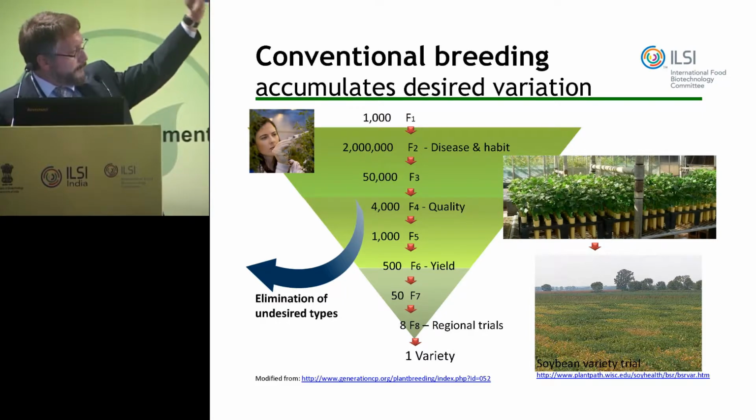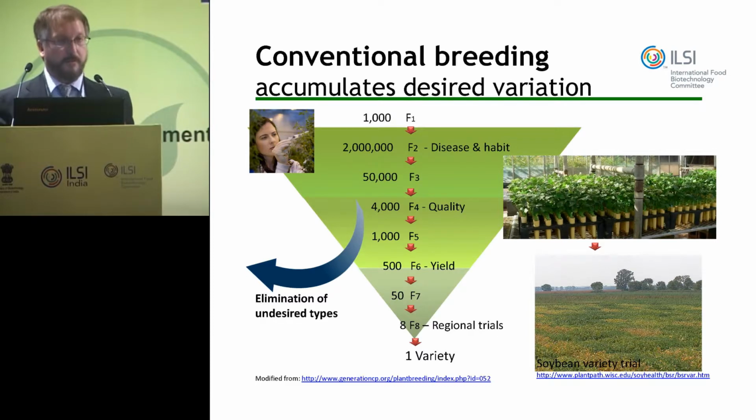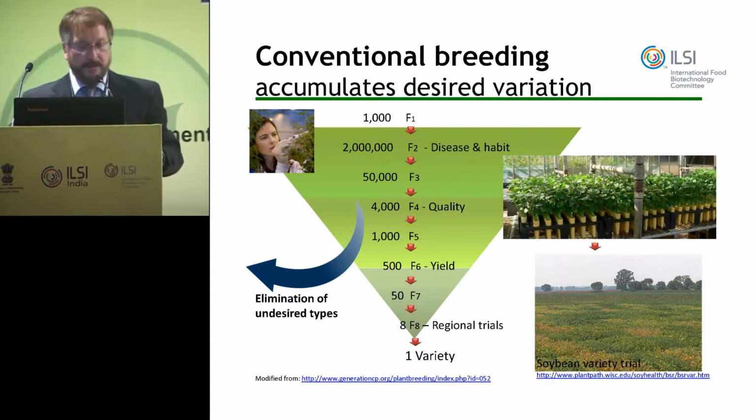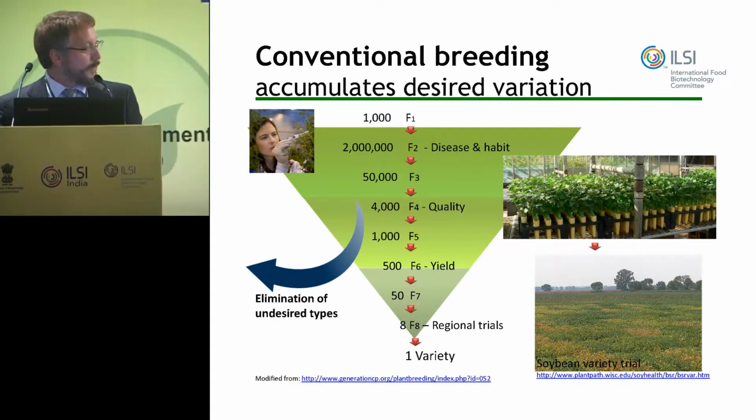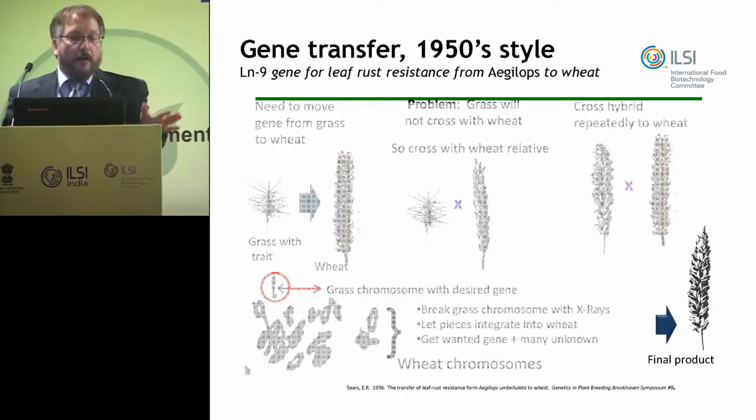And from those 1,000 crosses that they might make at the beginning, they'll end up with one variety that has an accumulated trait. Along the way, though, the vast majority are eliminated as undesirable traits. So there is this screening process they go through. However, the trait the breeder needs has got to be present.